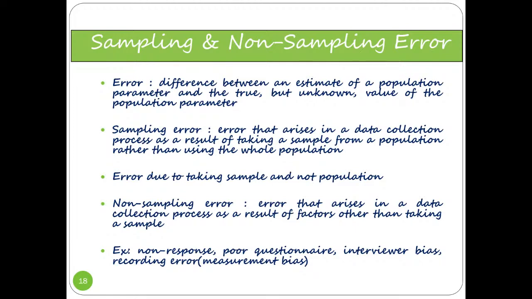What happens in non-sampling error is, first, when you do a questionnaire-based study, if it is a self-administered questionnaire, sometimes people will not answer your survey properly. Or if it's a follow-up study, people will not come for follow-up.